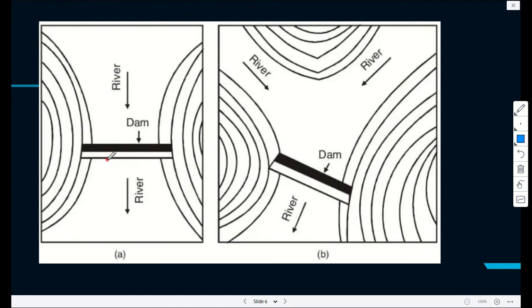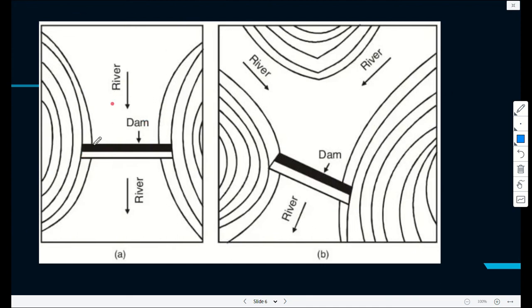And I've said, if the topography, so you can see this is a mountain, this is also a mountain, and then a river there. You put a dam, and this mountain on this side, and that one on that side, help you to contain the water here, and hopefully there is enough space behind as well.